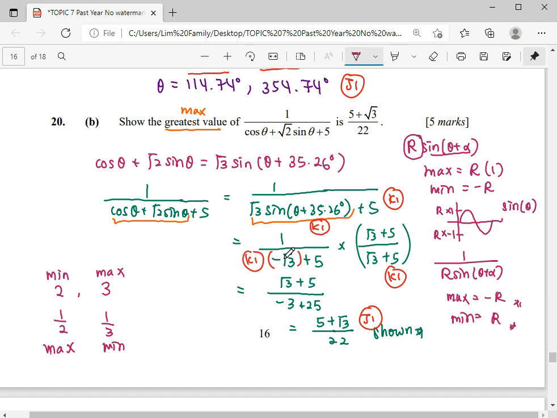Kita akan rujuk kepada nilai yang minimum. Okay, so bila dia dah inverse tu maksudnya keadaan dah terbalik lah. Apa yang dia nak maksimum, kita rujuk nilai yang minimum. Apa yang dia nak minimum, kita ambil yang maksimum. So that's mean by inverse lah, 1 per something. So value ni kita continue dan kita simplify kepada bentuk yang dia nak. So buatlah conjugate untuk surd number ni.